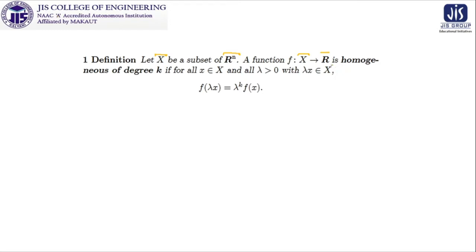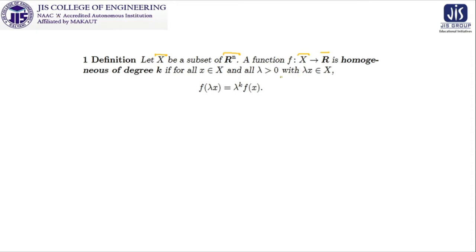It will be called homogeneous of degree k if for all x in capital X, that means x is an n-tuple, and all lambda greater than 0 with lambda x in capital X, where lambda is a scalar quantity at this moment, you can assume.